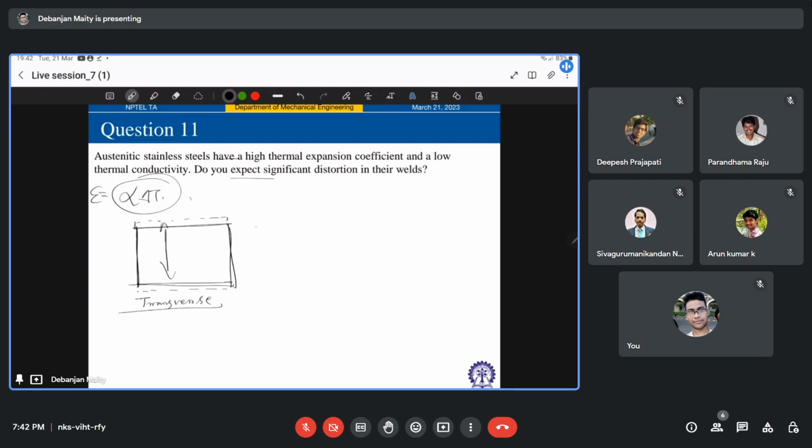There can be distortion like this, this is longitudinal. Or else you can have some, let's say, angular distortion also like this. Initially it was all straight and then you can have some angular distortion, right?